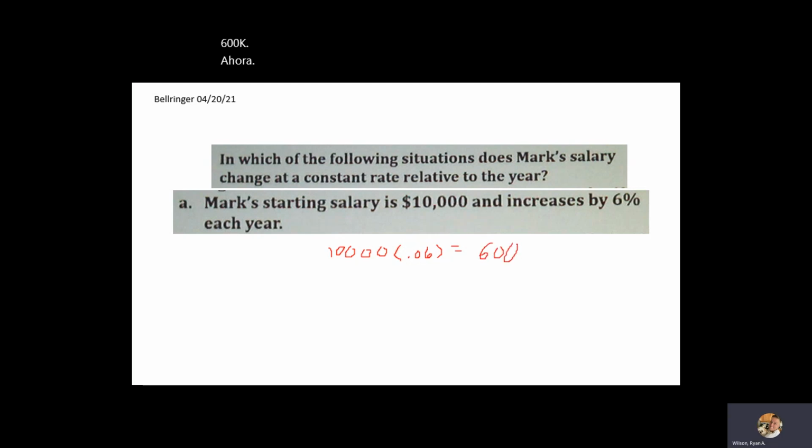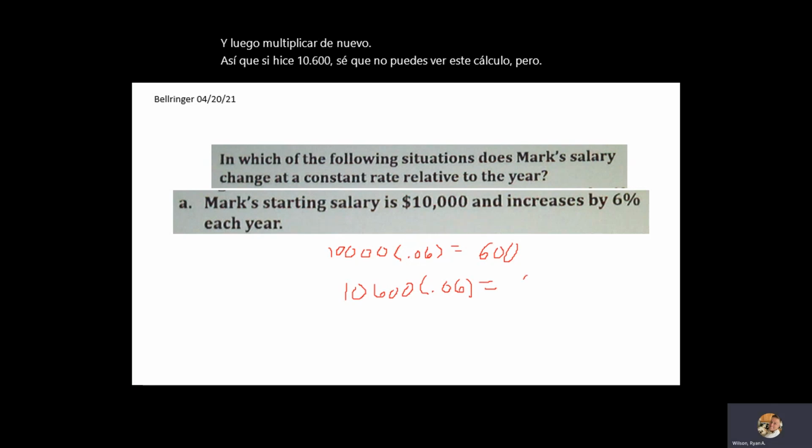Now, I would have to add this to the 10,000 and then multiply again by 6%. So if I did 10,600, I know you can't see this computation, but it's 636.